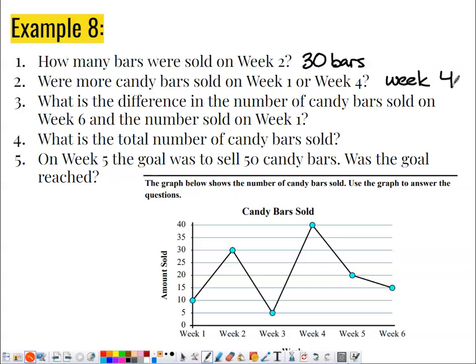Number 3, what is the difference in the number of candy bars sold on week 6 and the number sold on week 1? Week 6 we sold 15 candy bars. Week 1 we sold 10 candy bars, right? So 15 minus 10, that is a difference of 5 candy bars.